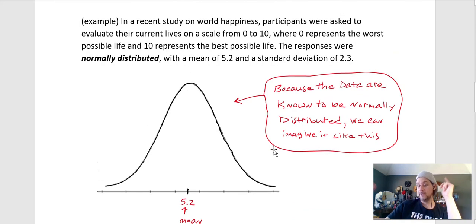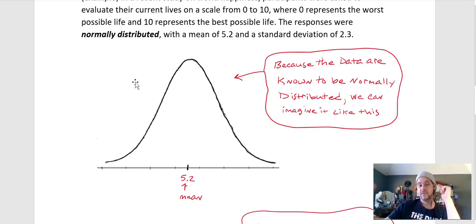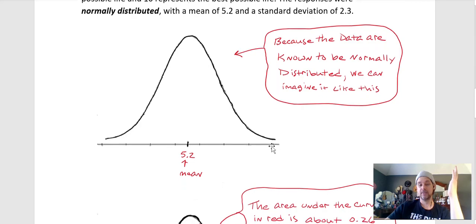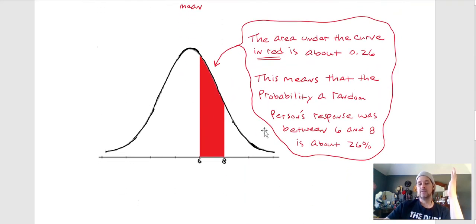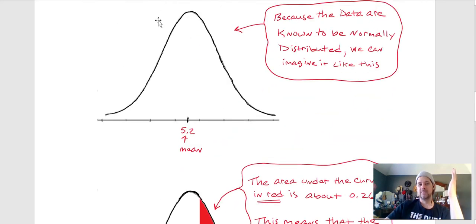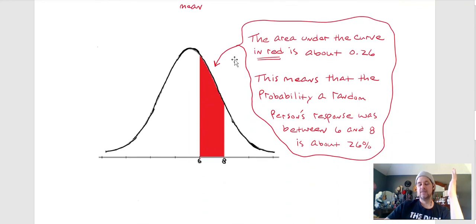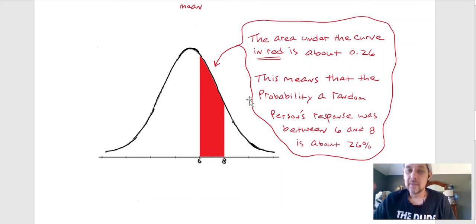Still, I realize I'm telling you that we can visualize the data by this curve, but I haven't exactly told you how. Here's that picture again. So now I'll tell you how. Here's the same curve. Take this curve right here. Now, I know how to calculate the area under this curve between 6 and 8, which you see highlighted in red.